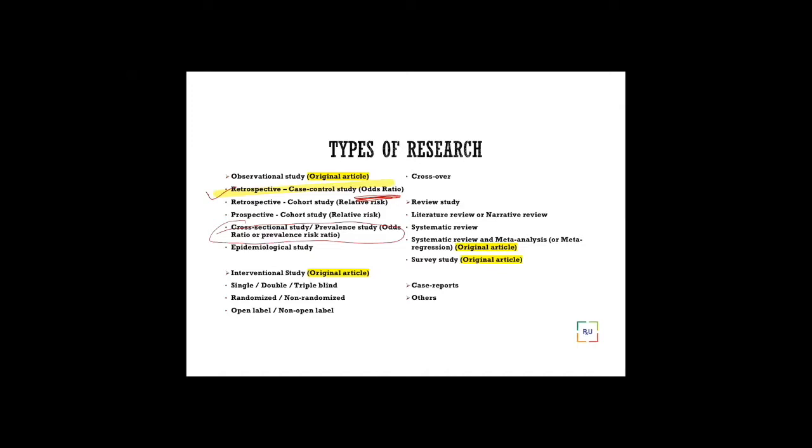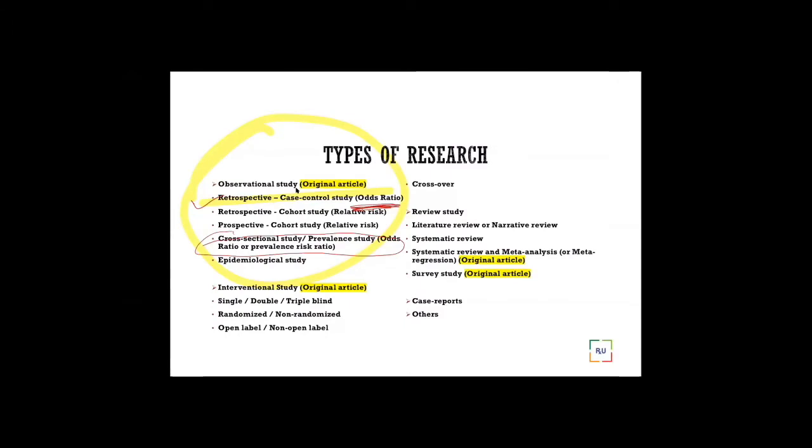Intervention studies can be single blind, double blind, or triple blind. Single blind means the patient is not aware of what the patient is receiving. I'm sharing my screen so that I can write there. Okay, so single blind means the patient is not aware.